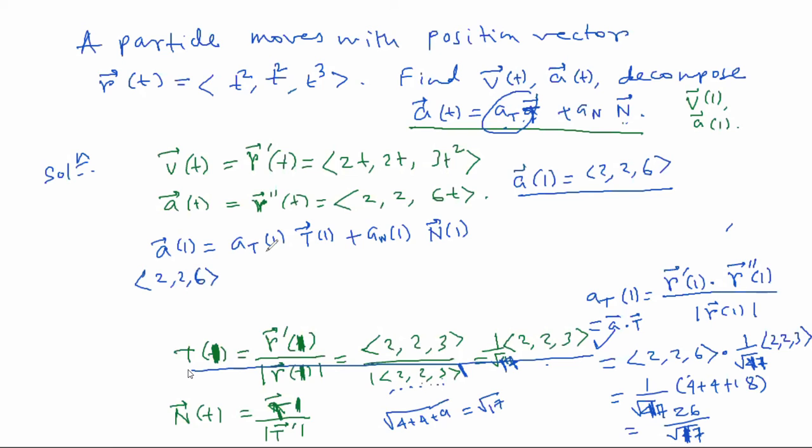And we just found AT at 1 is 26 over square root of 17. And T of 1 is 2, 2, 3. Then the rest is AN, right? So that means I just subtract this, then that will give you AN.